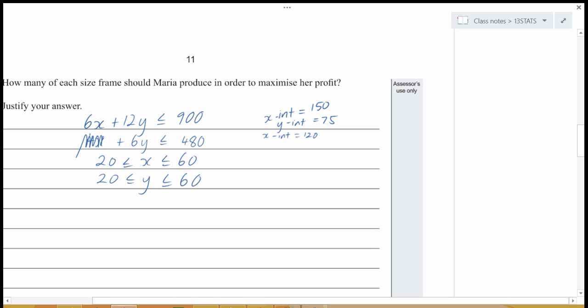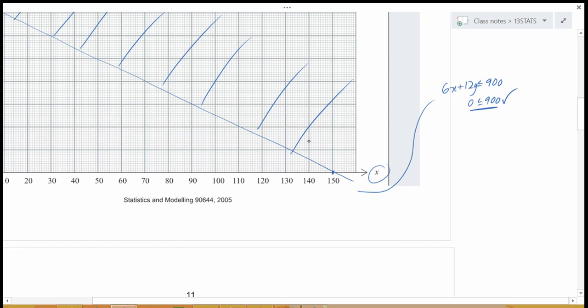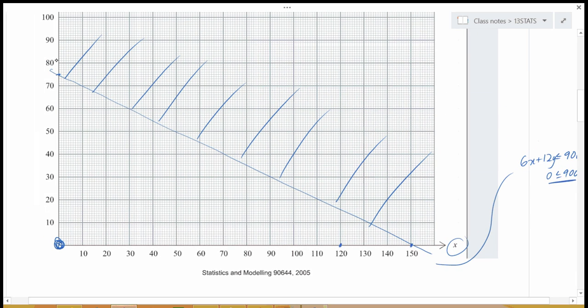So divide both sides by 6, and my y-intercept is going to be 80. Okay, so let's come and put that onto our graph up the top. So x-intercept was 120, so that's just there, and y-intercept was 80, so that's there.